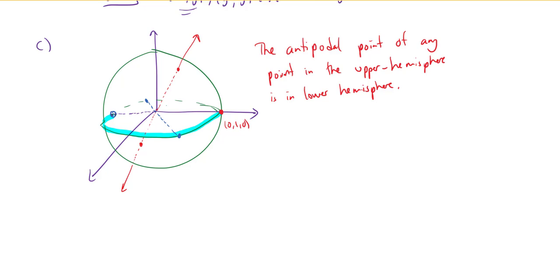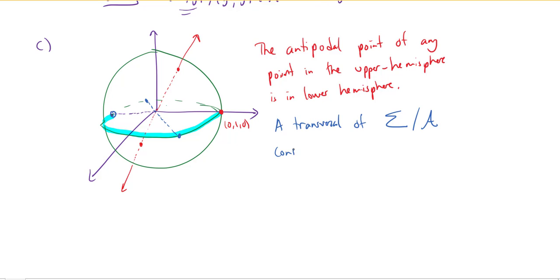So from this we see a transversal of the sphere modulo this equivalence relation consists of all points in the upper hemisphere.